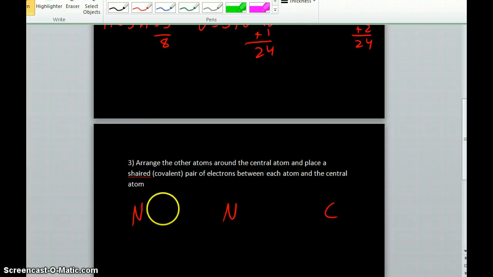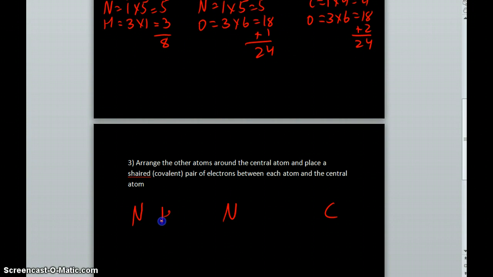So in ammonia, NH3, we want to arrange the other 3 hydrogen atoms around the central atom, and we represent a shared pair of electrons by a line. Remember, a line represents a shared pair of electrons. It is also acceptable to put a pair of dots in between. But in most structures, to save time, a shared pair is represented by a line.